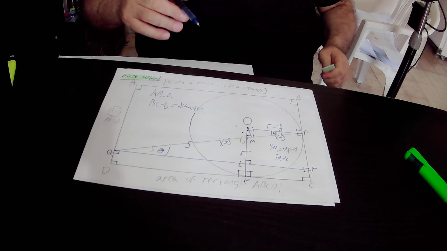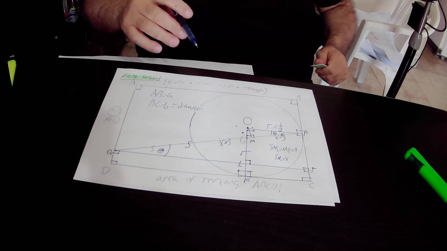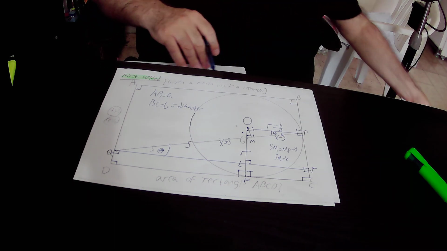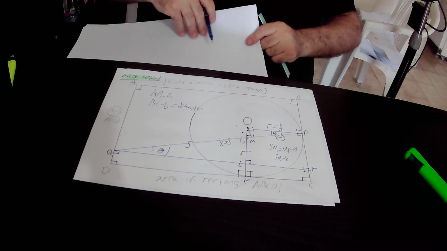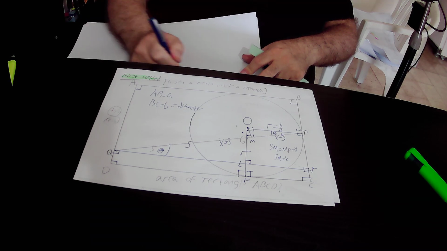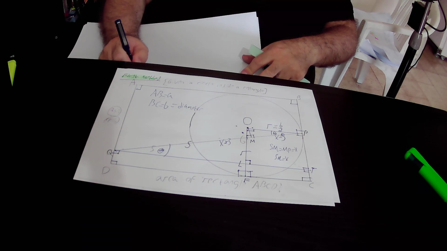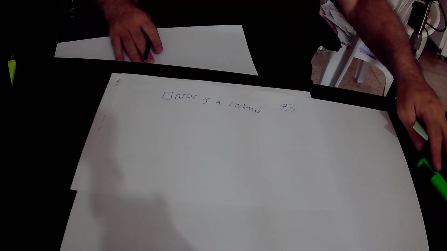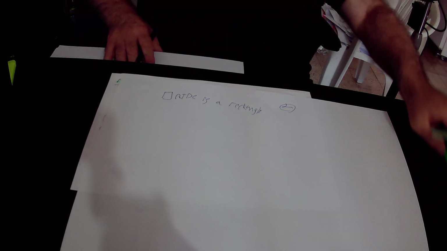Therefore, it must be at least a rectangle, if not a square. So we relate to quadrilateral QTDC as a rectangle. I'll repeat again, quadrilateral QTDC is a rectangle. Why? Because it has 4 right angles.